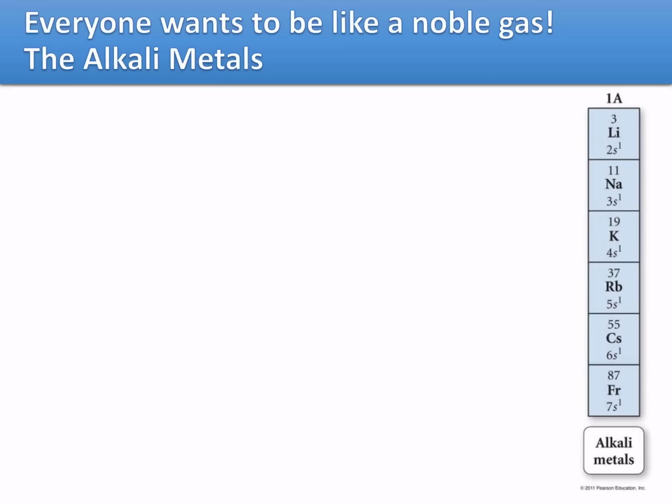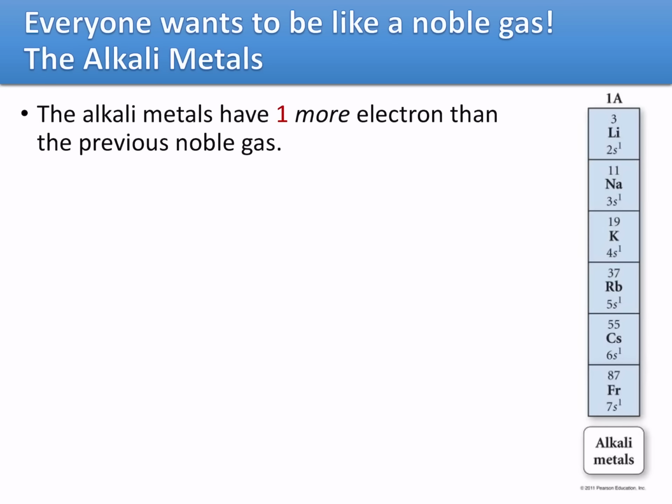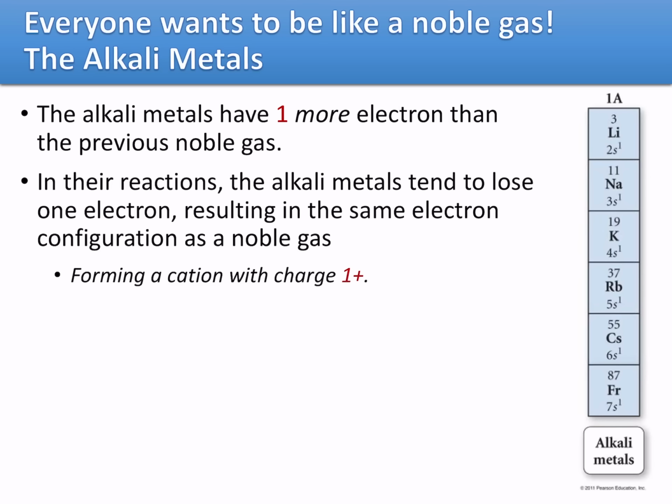So now we are able to understand a little more about the elements in the periodic table. So we have the alkali metals. They all have one more electron than the previous noble gas. So all they have to do is to lose one electron, and then they acquire noble gas configuration. That's why group 1 metals always work with 1+. They lose that electron, they have noble gas configuration.